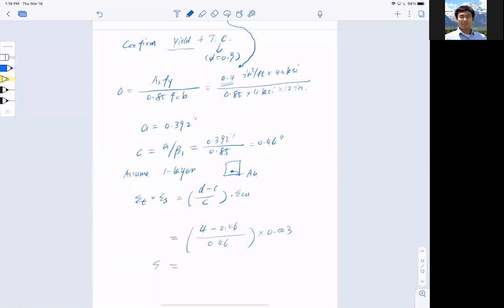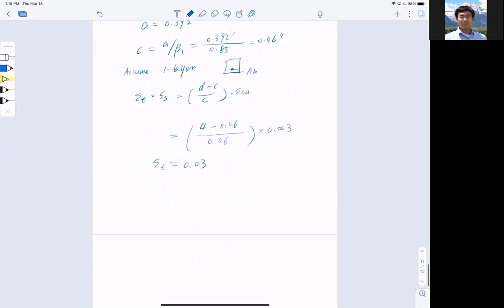So I have the final number epsilon T equal to 0.03. This number is indeed greater than 0.005. So not only yielded, but also tension controlled. So phi equal to 0.9 confirmed.